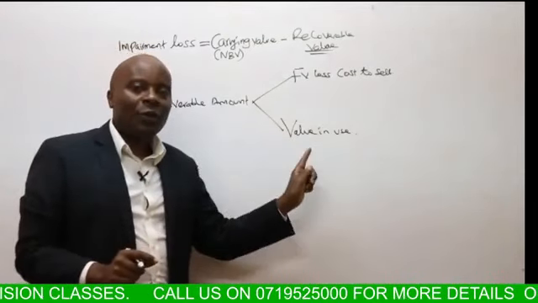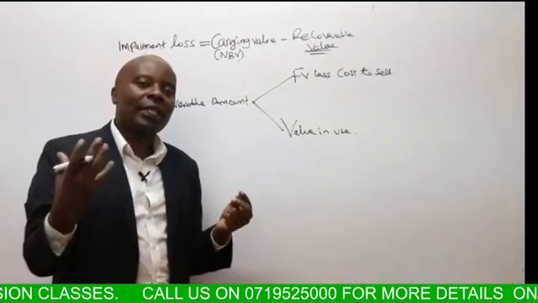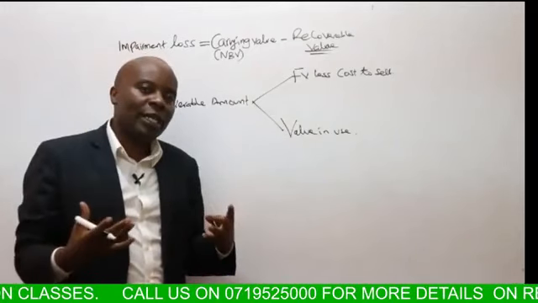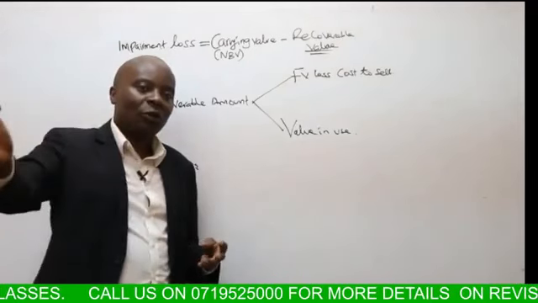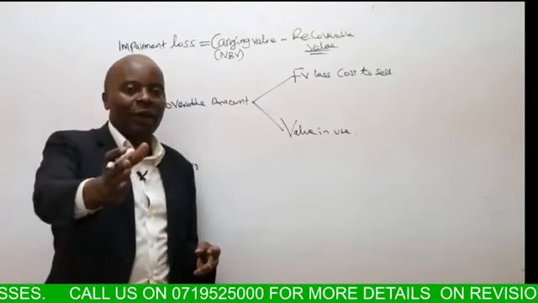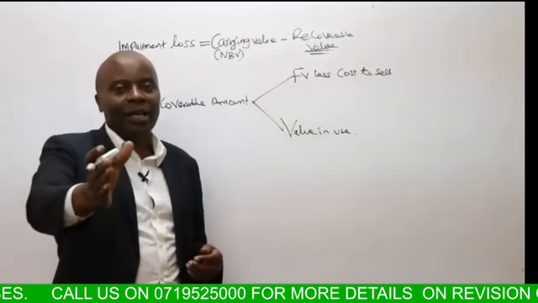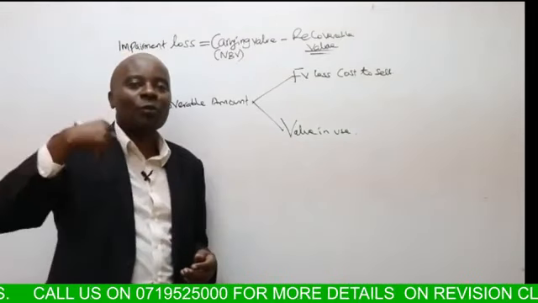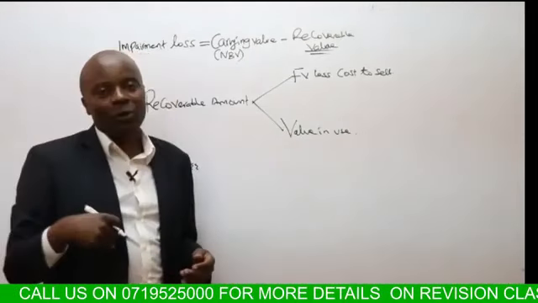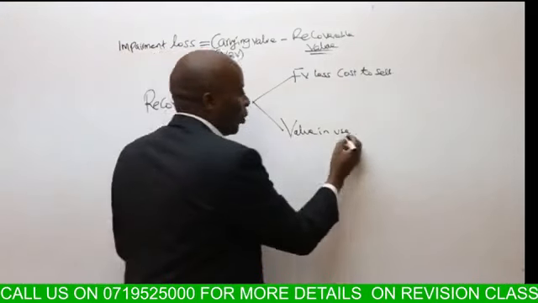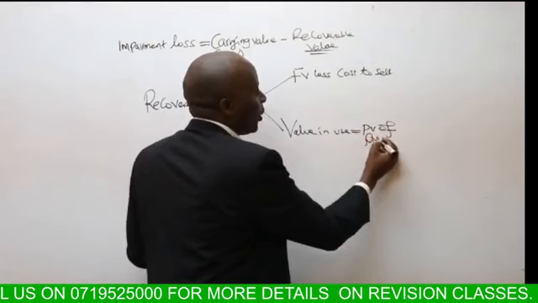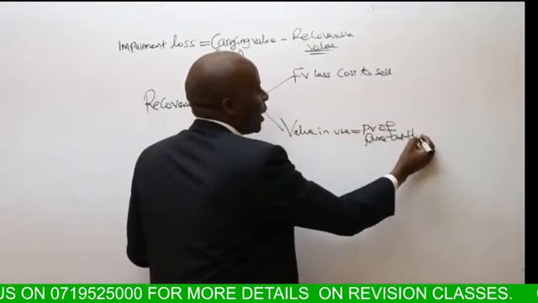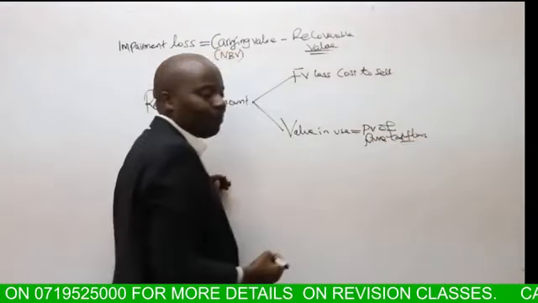And this value in use, of course, we shall be looking at the benefit you are getting out of this particular asset. What cash inflows do we have? We subtract cash outflows. And then, of course, for those of you who did advanced financial management under Dr. Aura here, know that future cash flows must be discounted. So you're saying that this value in use will always be equal to the present value of future cash flows. So these future cash flows, remember, they've got to be net.